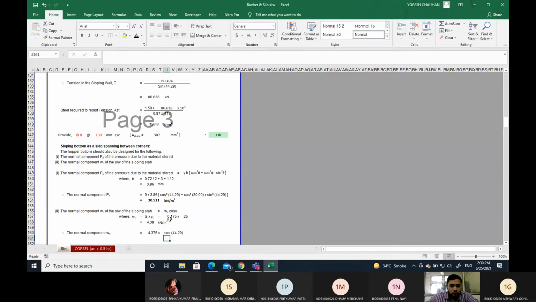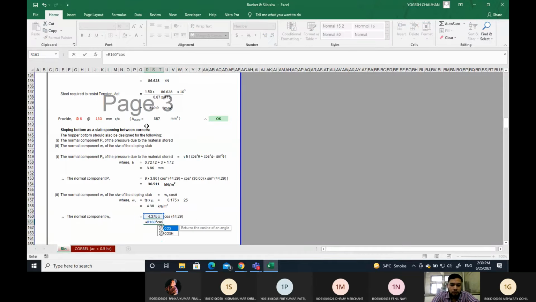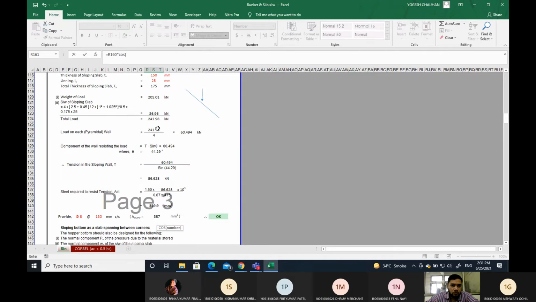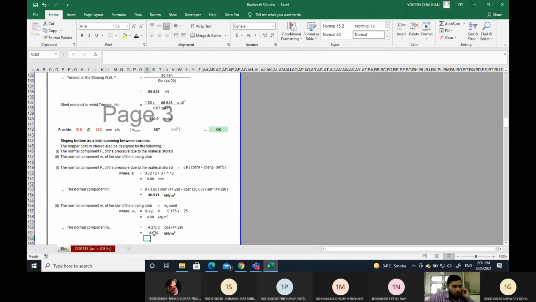So it will be equal to this star cos this angle star pi by 180. It will be 3.1132 kilonewton per square meter.